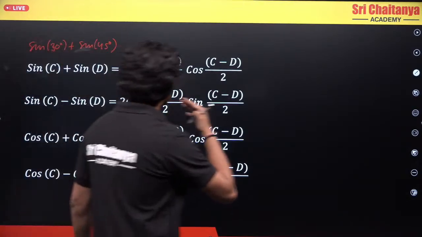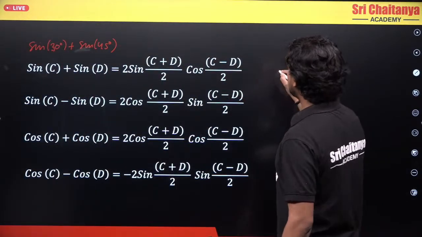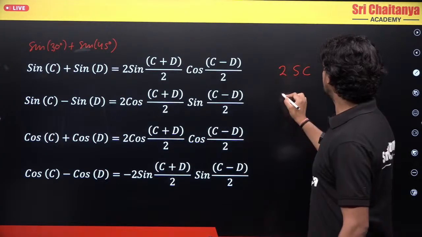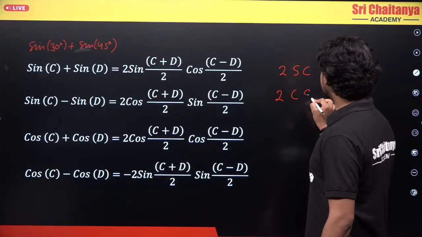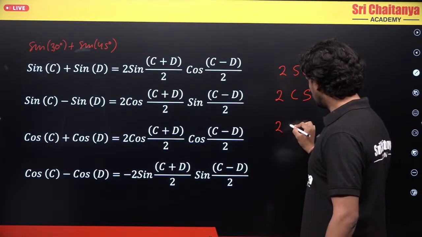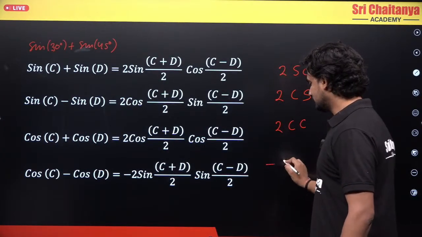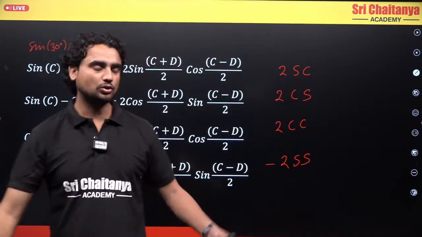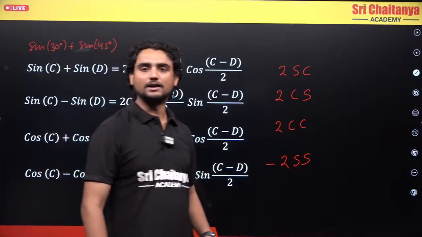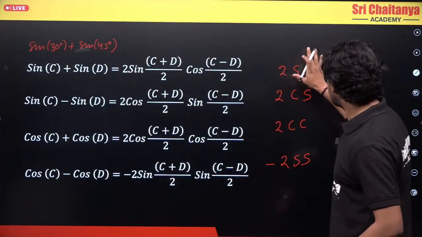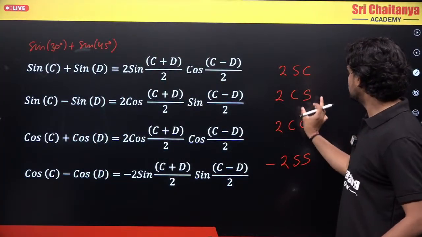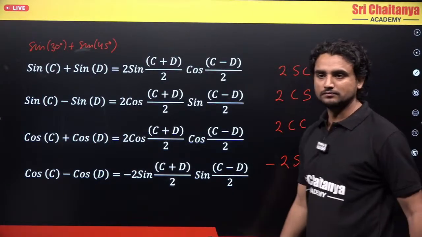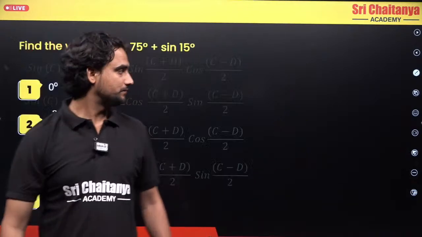Okay, so how can you remember? 2 SC, 2 CS, 2 CC and minus 2 SS. Okay, so this is how I remember this. This is the short form which I use to find the answers here. Okay, if I just keep this in mind, 2 SC, 2 CS, 2 CC, 2 SS. Okay, clear? Let's move forward.